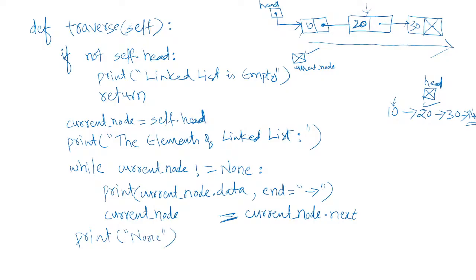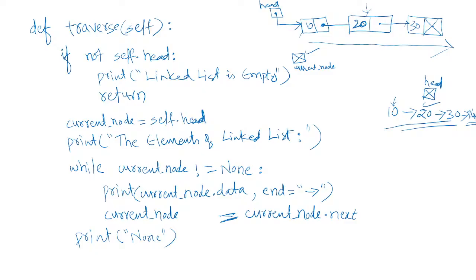So none will be printed at the end. That's it. This is the function for traversing the list. Got it? Now when you print, the elements will be printed in this order, which confirms that your functions adding at the beginning and adding at the end are working fine.